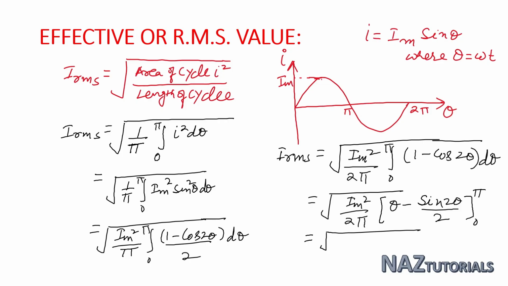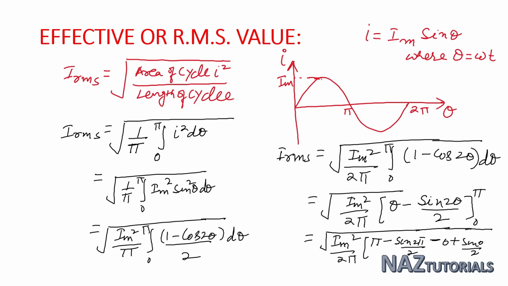Put the values. So if you put the values, this is Im square divided by 2 pi times pi minus sine 2 pi divided by 2, minus theta is 0 and this is sine 0 divided by 2.